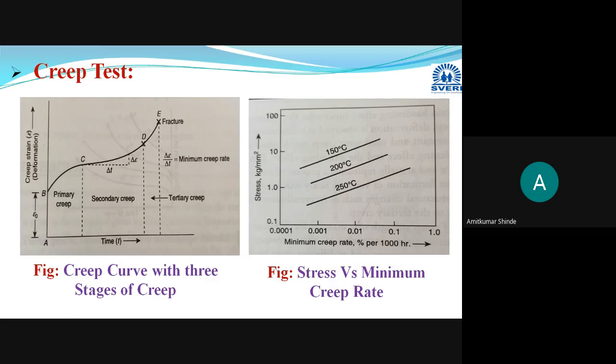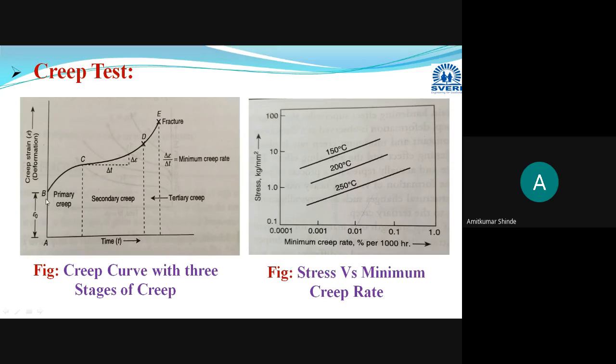Then from B to C, primary creep, also known as transient creep. Then from C to D, secondary creep or steady state creep. And finally, from D to E, tertiary or accelerated creep, which is indicated by this DE.